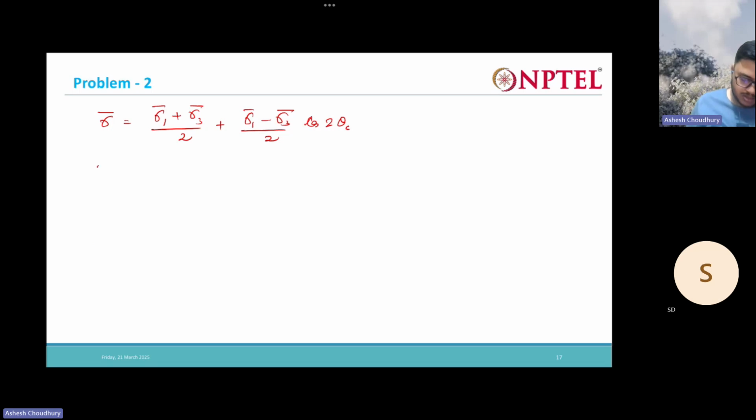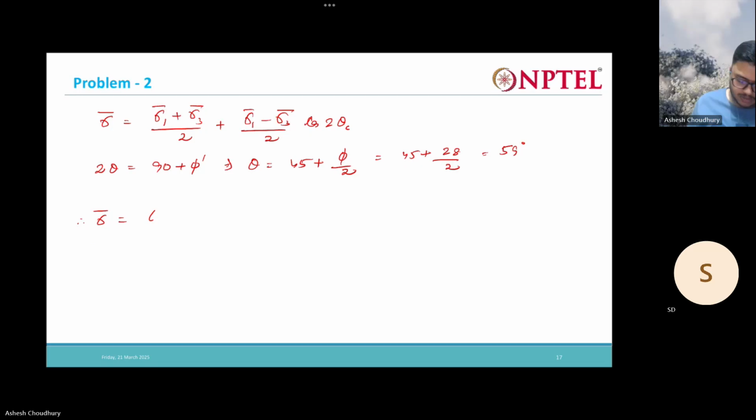Right, so 2 theta is equal to 90 plus phi, so theta is equal to 45 plus phi by 2, 45 plus 28 by 2, which is 59 degrees.